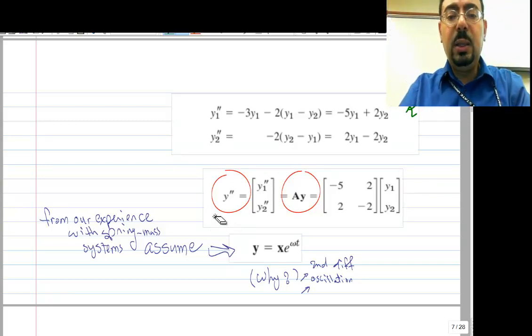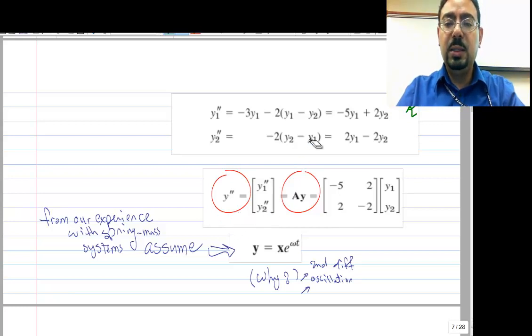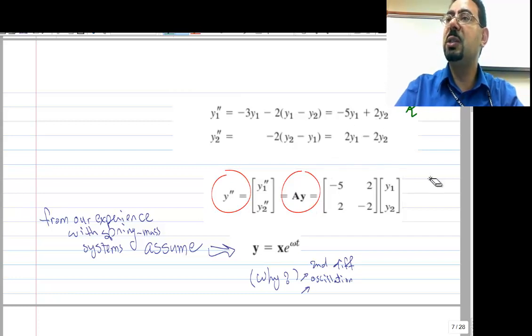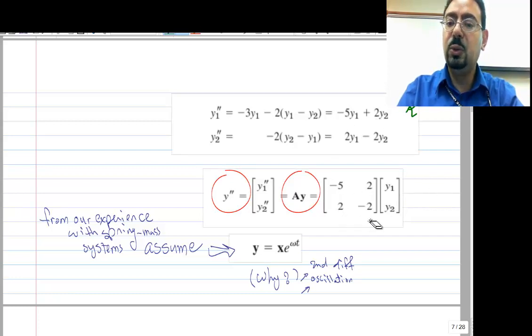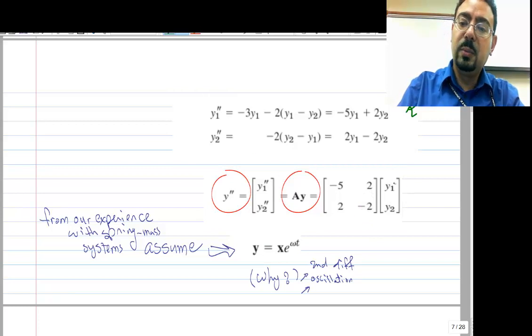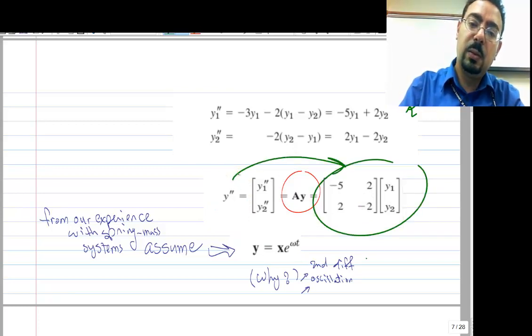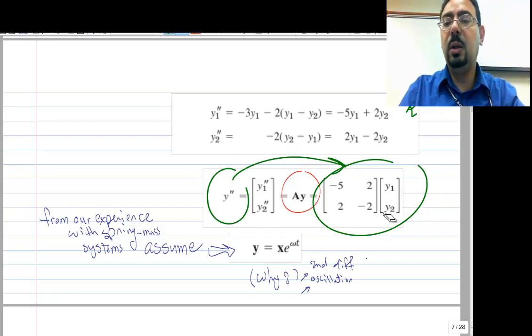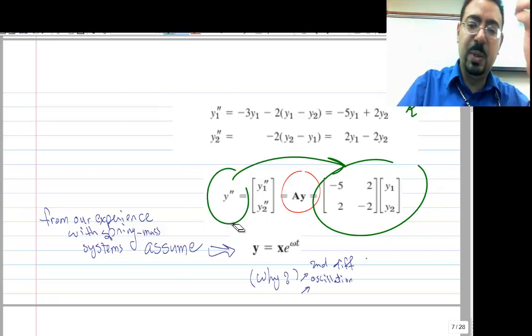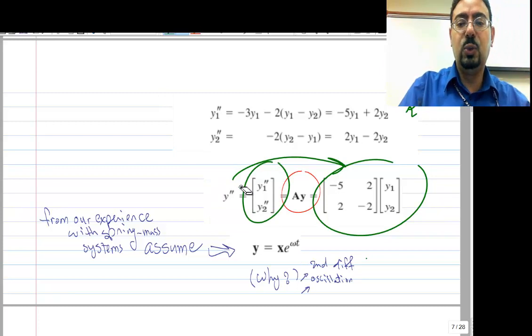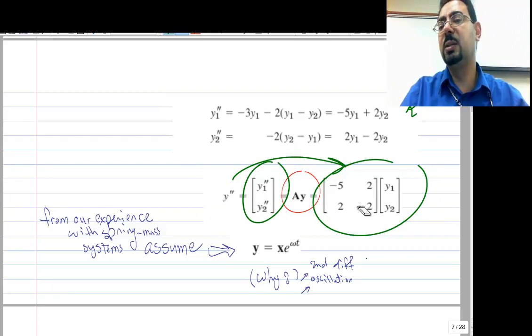So the y double dot is basically this matrix times y, right? This matrix, which is minus 5, 2, 2, minus 2. So the y double dot, which is basically those two guys, is equal to this.